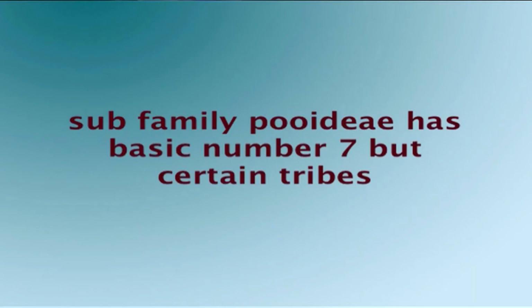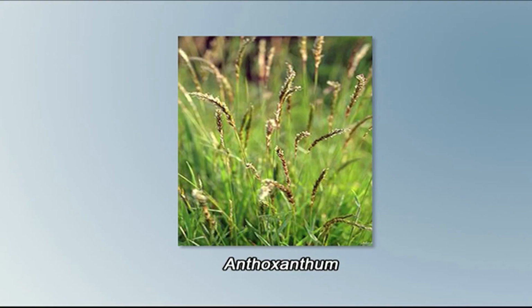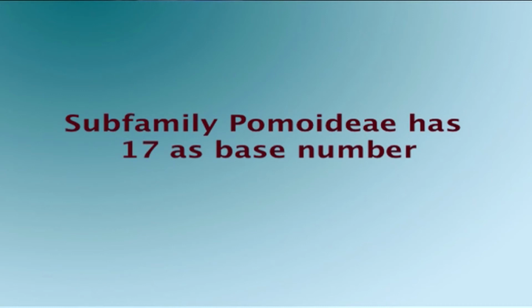For example, subfamily Pooideae has basic chromosome number 7, but certain tribes, for example Glycerieae, x = 10, or genera such as Anthoxanthum, x = 5, within it deviate consistently and illustrate the relative nature of the concept of base number. The base number of various subfamilies of Rosaceae is 7, 8 or 9, but the subfamily Maloideae has 17 as base number.